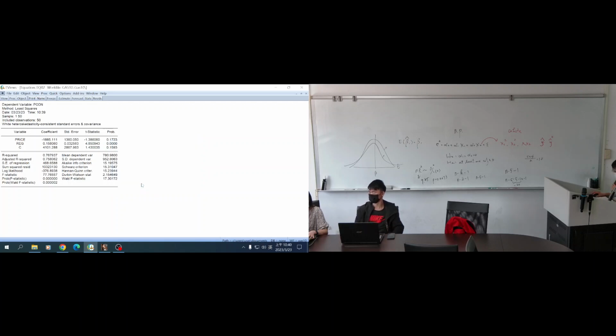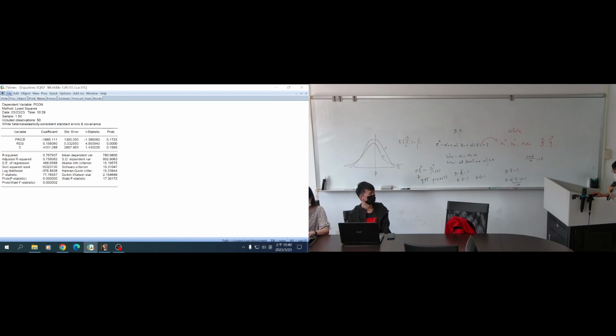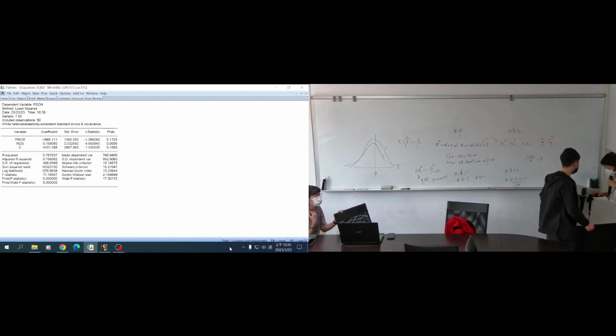And I hit OK. Let me go back to my data. I always have a problem going back to my data. Where can I get back to it? Is it here? Is this one?